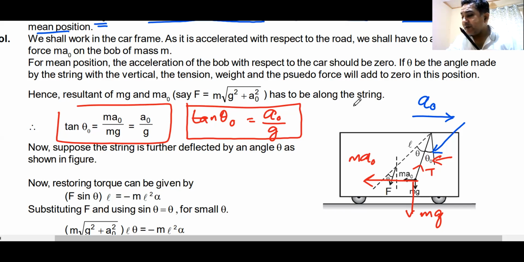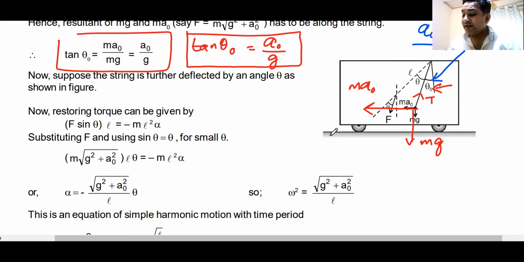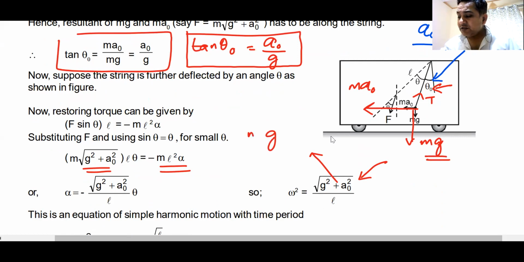What is the new time period? See, they have calculated this time period using the initial principle, finding out the net torque and this and that. At the end of the day, they end up with this, and this is basically the value of g effective. What is g effective? mg is going downwards, and this m a naught is going here.